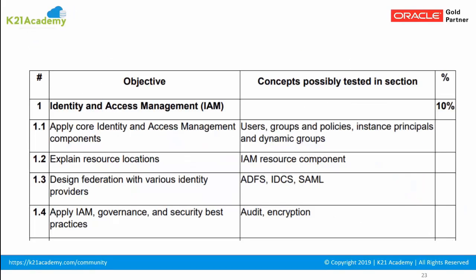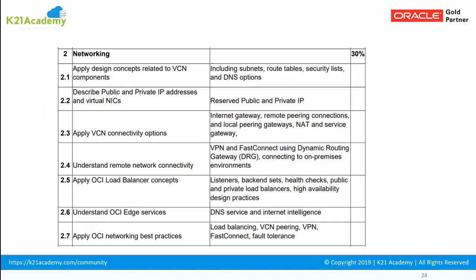We have divided identity and access management into 2 parts: basic and advanced. In advanced, you should learn things like federation, instance principals, and security best practices. Then the second topic, in my view, is one of the biggest, and a lot of people trip on this module.